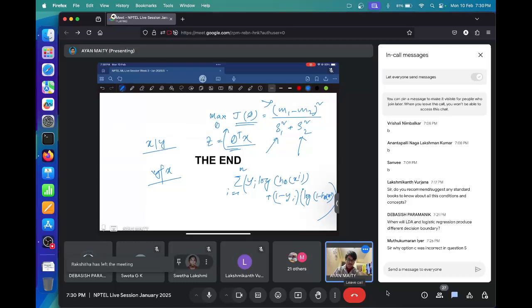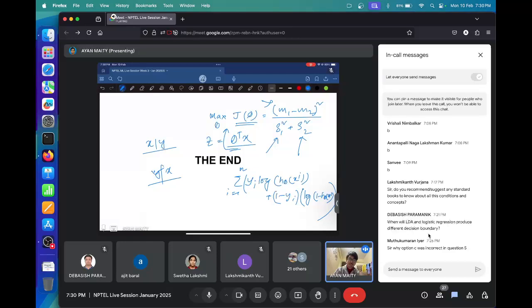Sir, I have posted one question in the chat. Please answer this. Okay, Devashish, when will LDA and logistic regression produce different decision boundaries? It is likely that they will produce different decision boundaries in almost all cases, because the loss functions that these two use are completely different.